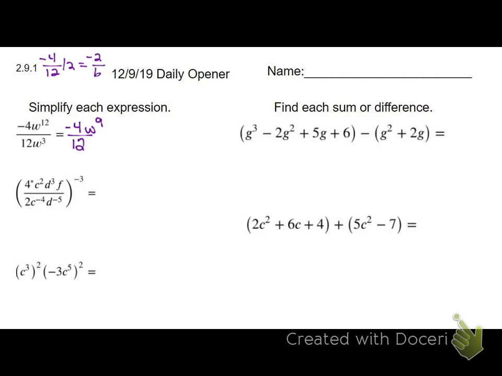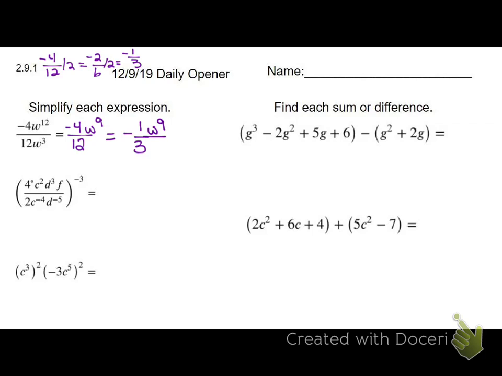Is that in simplest form yet? No. I can divide them by what again? 2. And that's going to equal negative 1 over 3. So I would rewrite my answer as negative 1 over 3 w to the 9th. One last question on this particular problem.